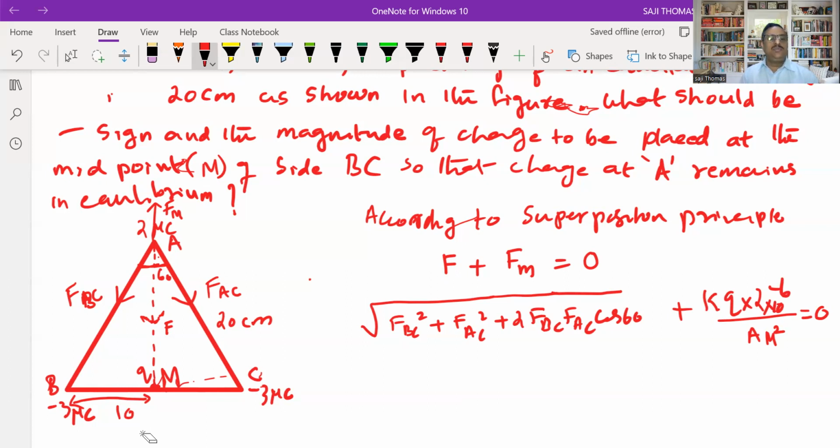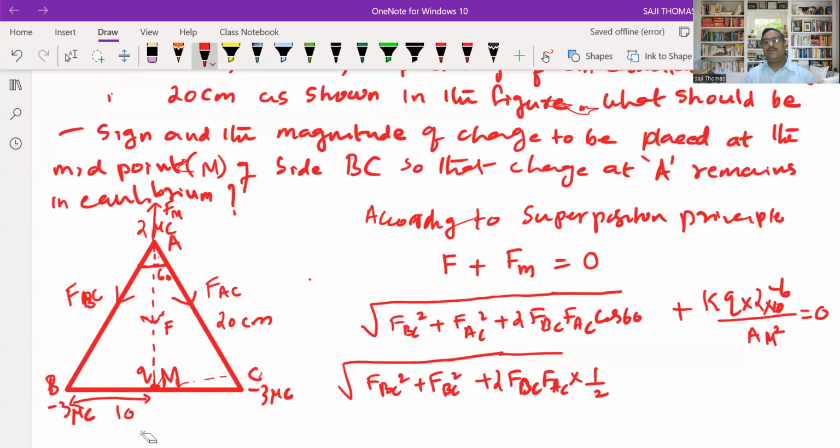Charges 2 and -3, 2 and -3, both cases. Distance also same. So we can write this as root of FBC square plus FAC, also FBC, square plus 2 FBC FAC cos 60. What is cos 60? It is 1 by 2, plus K Q 2 10 raised to minus 6 by AM square equals 0.